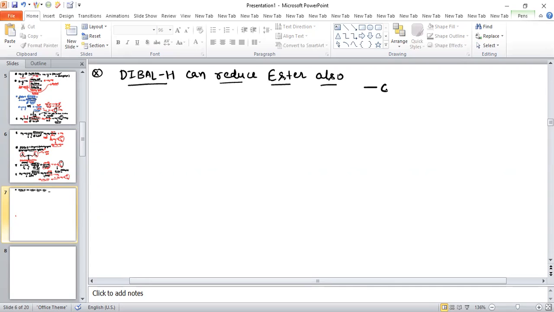The ester group is basically C double bond O with an oxygen atom attached. For example, CH3, C double bond O, and this is the oxygen atom, and this is C2H5. This is basically the ester group.